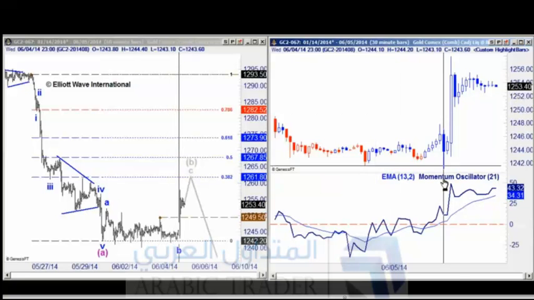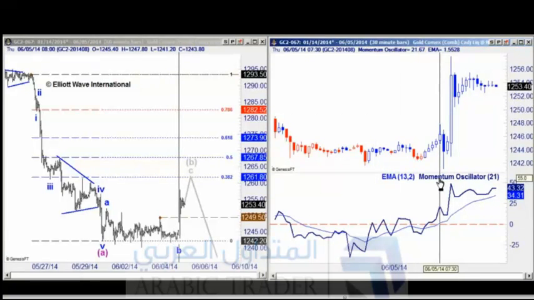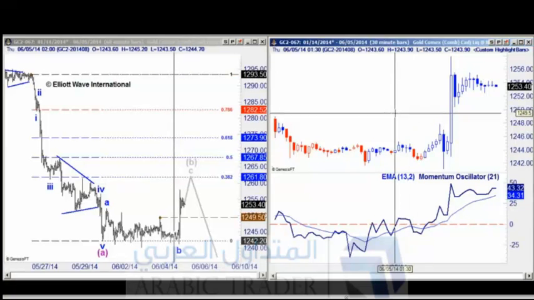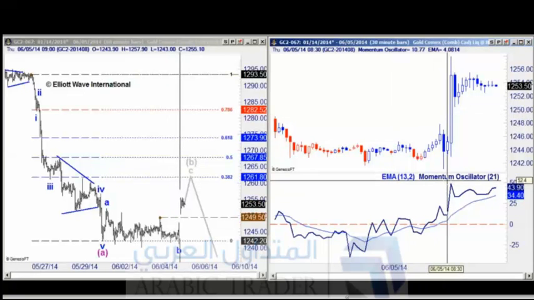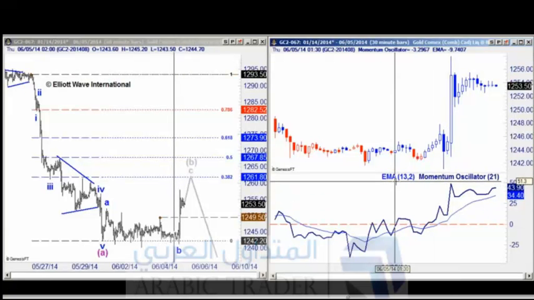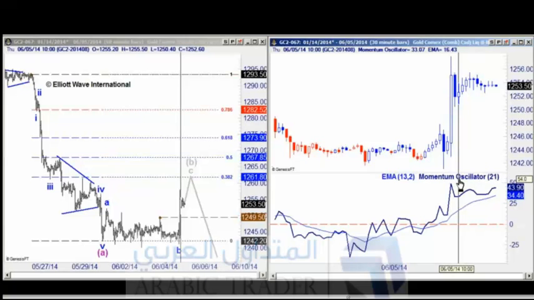In any case, the Chande momentum oscillator appears in a lot of charting packages. It happened to be in my Trade Navigator software. It's kind of a standard thing. There's nothing custom about this. I just happened to set it up with a 21-period oscillator and a 13-period moving average. The default on the momentum oscillator was 14.